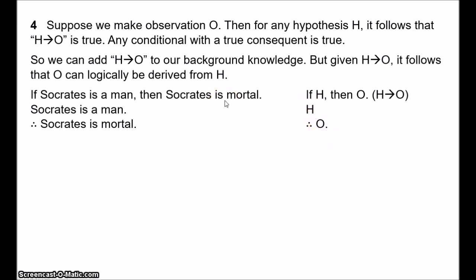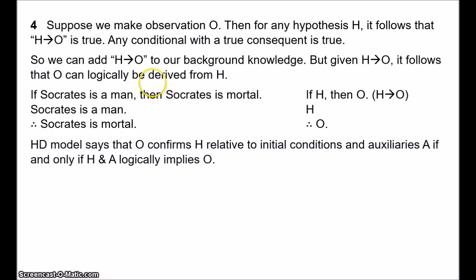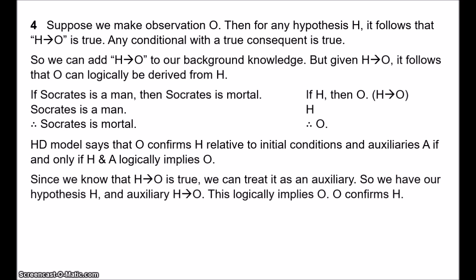So now remember what hypothetico-deductive confirmation requires. The hypothetico-deductive model says O confirms H relative to auxiliaries and initial conditions A, if and only if the conjunction of H and A logically implies O. So if we add if H then O to our background knowledge, we can treat it as an auxiliary assumption.